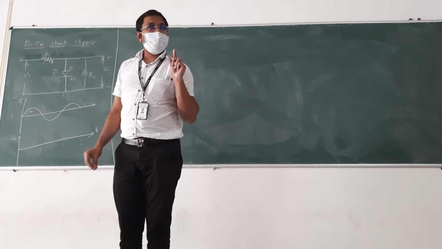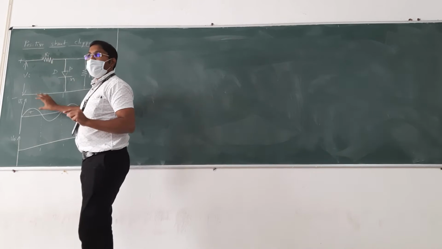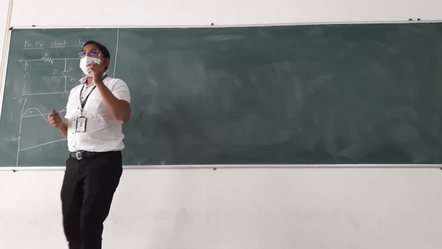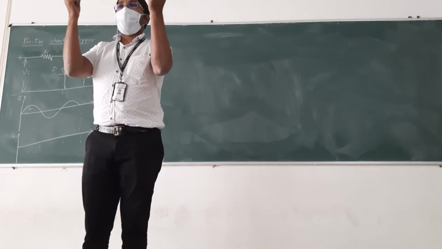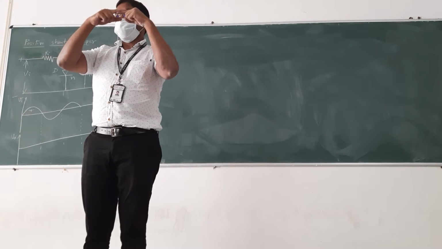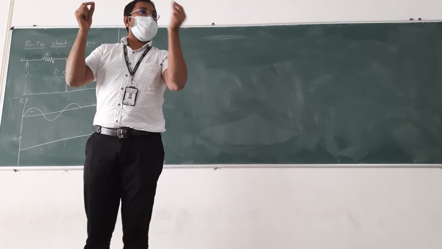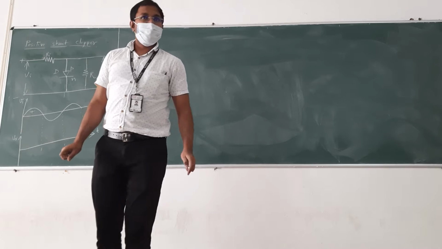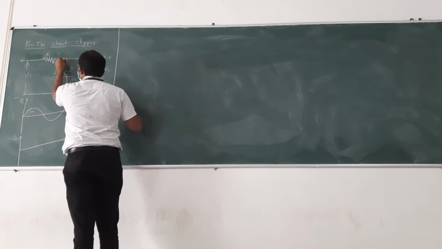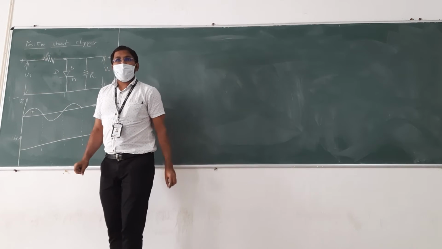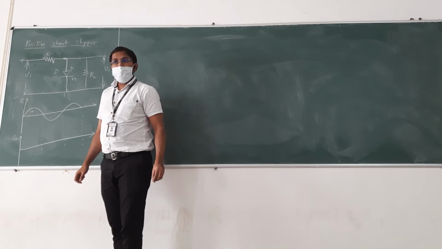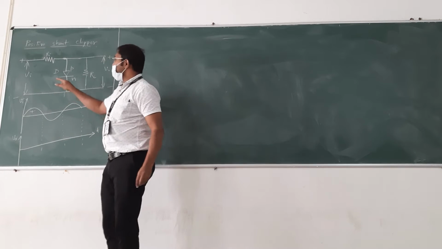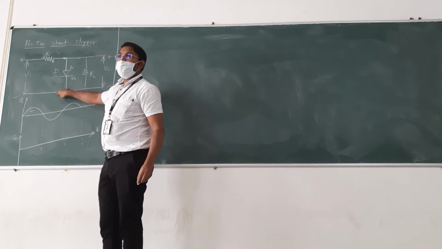Now see, this is what you have to understand for the shunt clipper. When the diode is forward biased, it is like on, as if both ends of the diode are simply connected. So the diode is on, which means this point is as good as connected to ground.